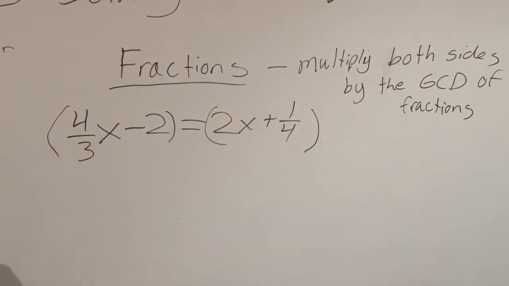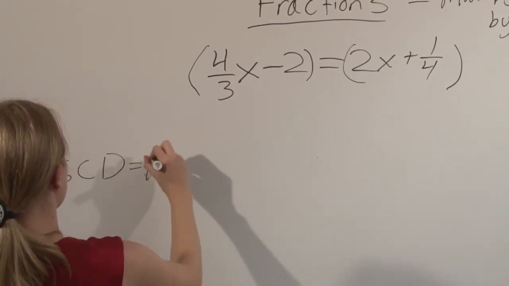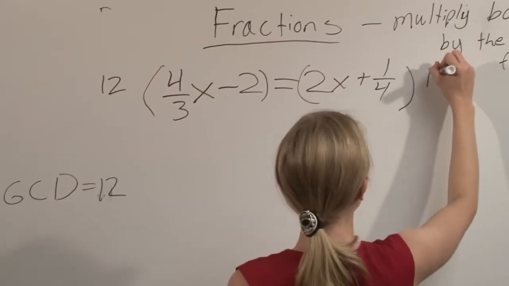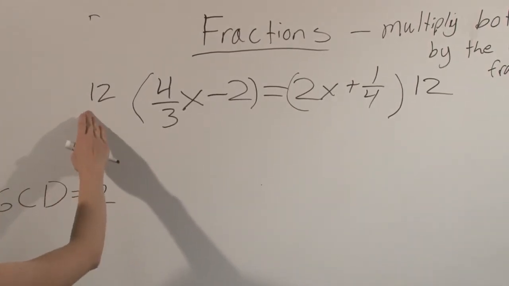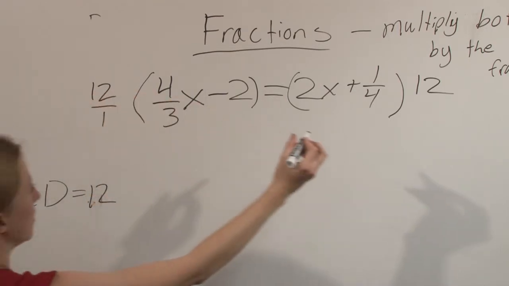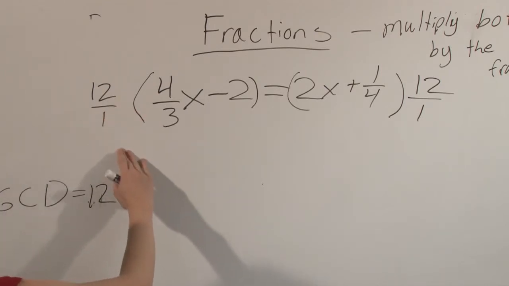So the greatest common denominator is going to be 12. It's the smallest number that is divisible by 3 and 4. So I'm going to multiply 12 through here. And remember that this is a 12 over 1. It's not a 12 over 12. So don't multiply the denominators by 12.